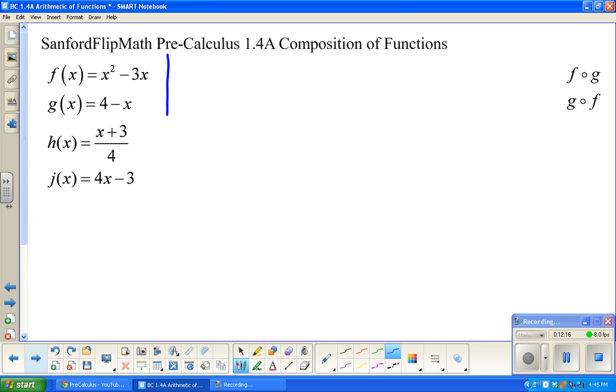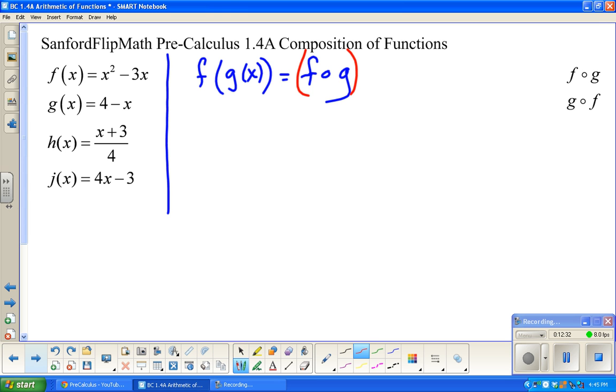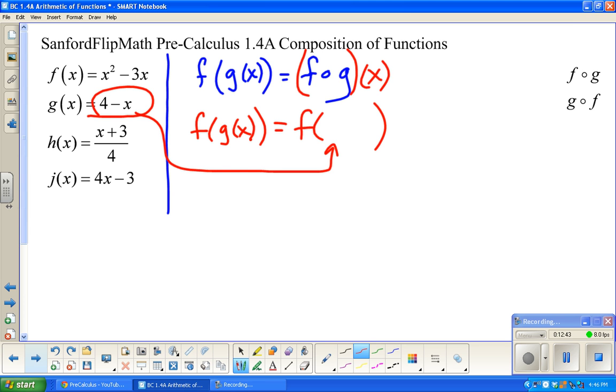Okay, let's do f of g of x, which is also the same thing as f composed with g written like that. Still the same thing if I write that. So again, all this means is we're going to do f of g of x. In other words, f of whatever g of x is. In this case, it's 4 minus x. So what this means is we're going to go through f of x, and everywhere I see an x, I'm going to put parentheses.